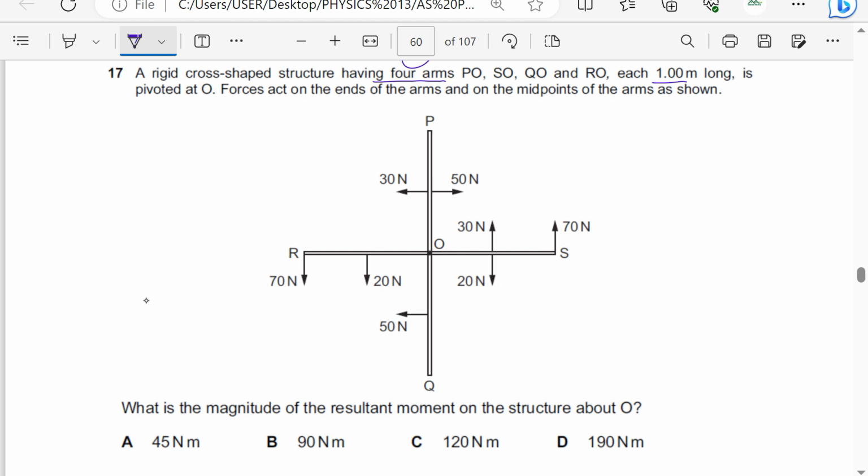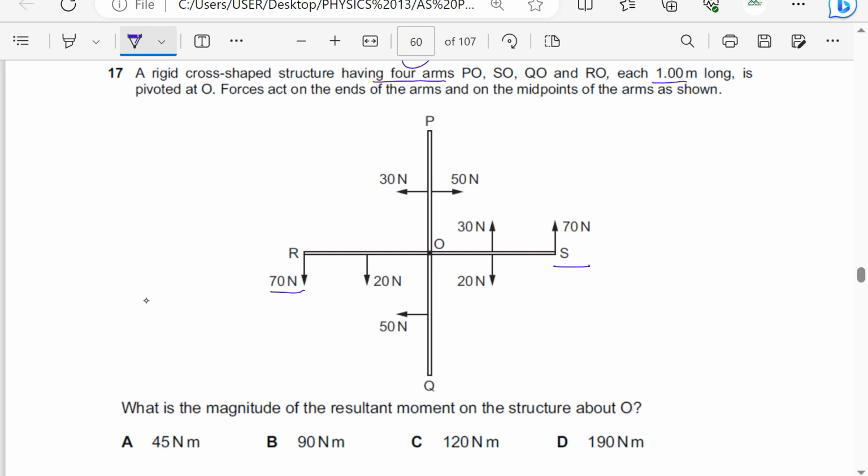Resultant moment. Okay, I'll begin with the torques, those ones which are the couples, 70 newtons, 70 newtons. Remember, it has 4 arms, each 1 meter long and pivoted at O. Forces act on the ends and on the midpoints, so these are the midpoints of this length.